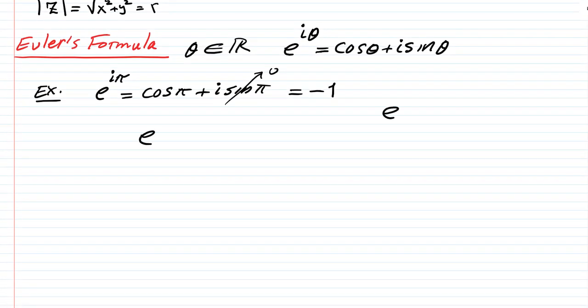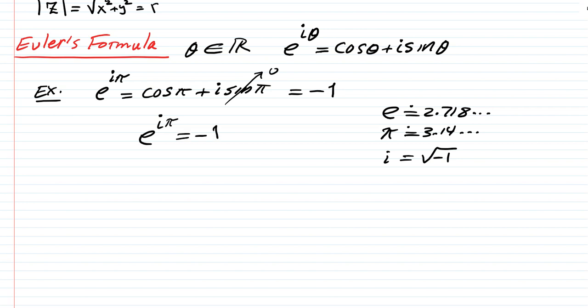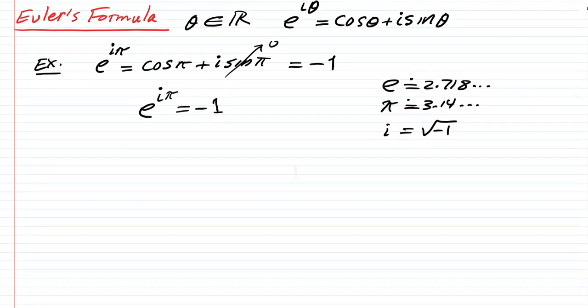Now check this out. And remember, e is irrational. It's about 2.718... Pi is irrational, 3.14... And i is not even real, right? But here's what's fascinating. You have an irrational number e to the power of an irrational number pi times an imaginary unit i, e to the i pi, equals the real number -1.